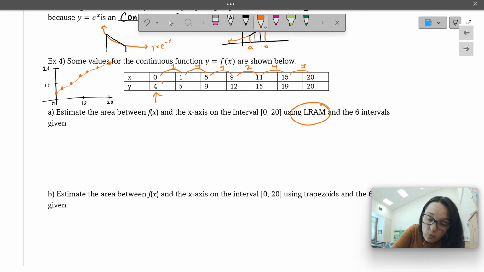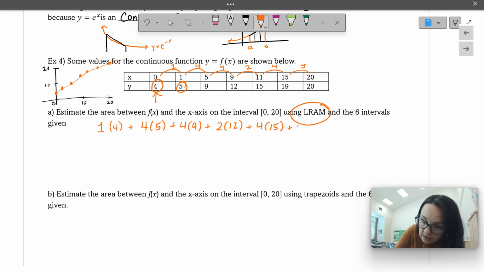And if I use LRAM, I'm using the left-hand side of each interval. So I'm going to do 1 times the height of 4, plus 4 times the height of 5, plus 4 again times 9, 2 times 12, 4 times 15, 5 times 19.